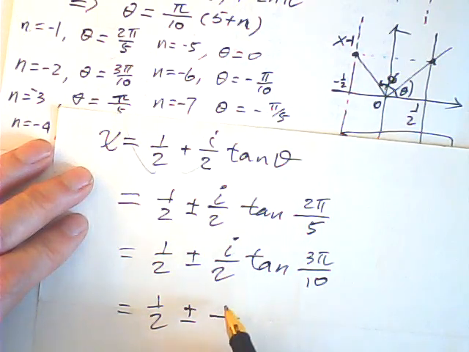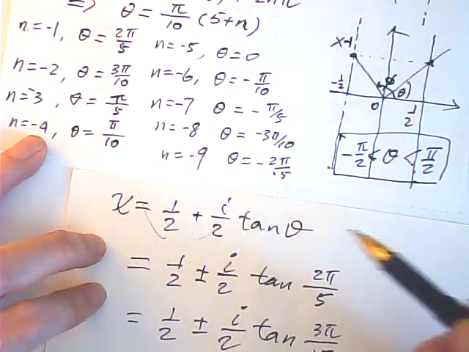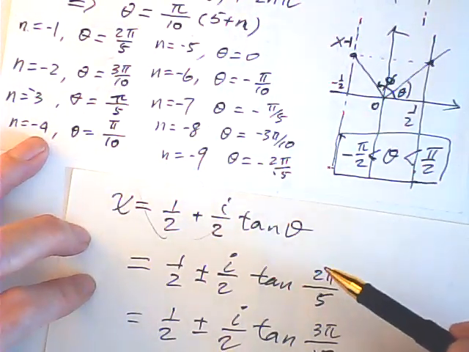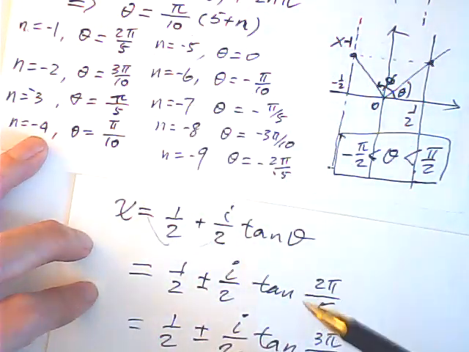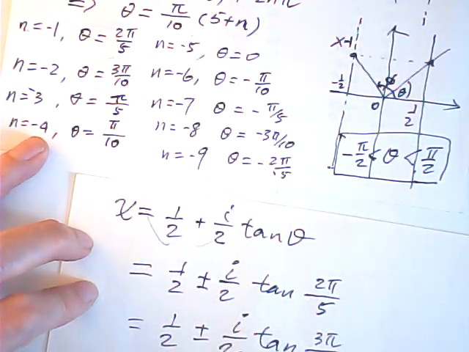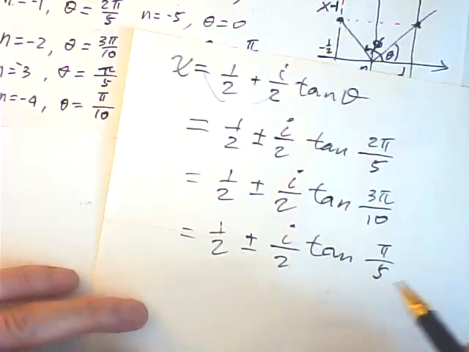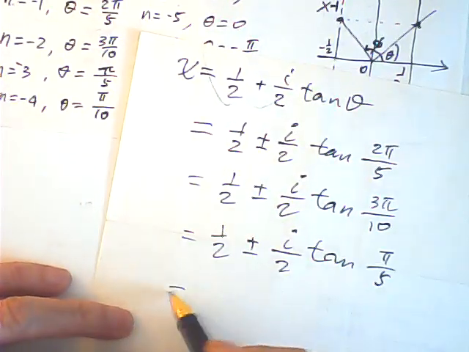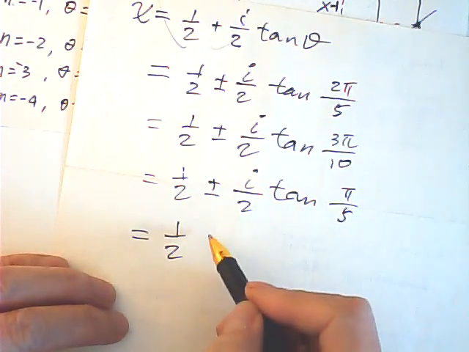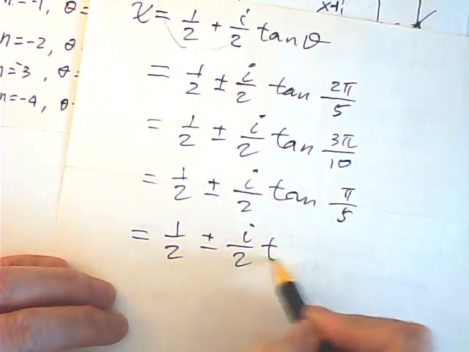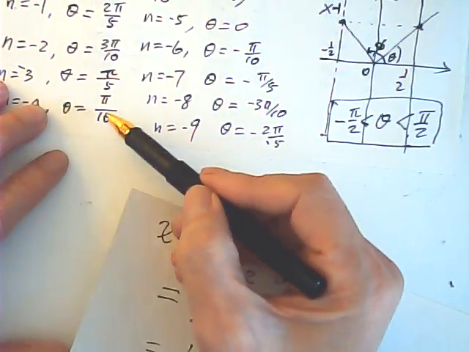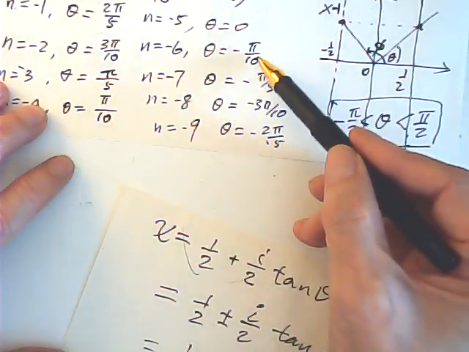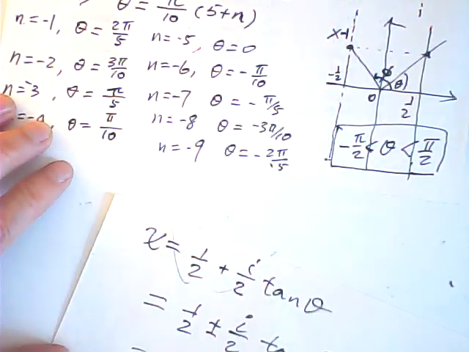1/2 plus or minus half I tangent of this, and another pair, half I tangent, this one and that one.